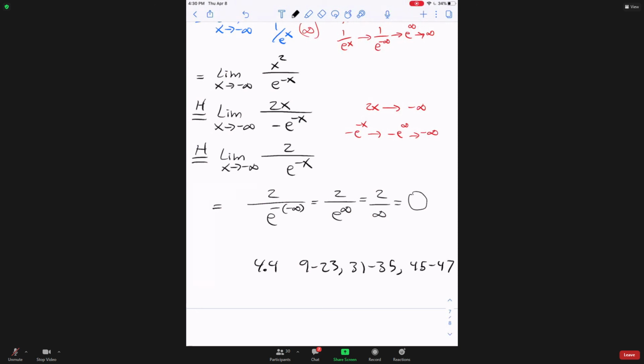So 45 and 47 are the 0 times infinity ones. Don't stress about these. Make sure you focus on the others. But that's the 0 times infinity situation.